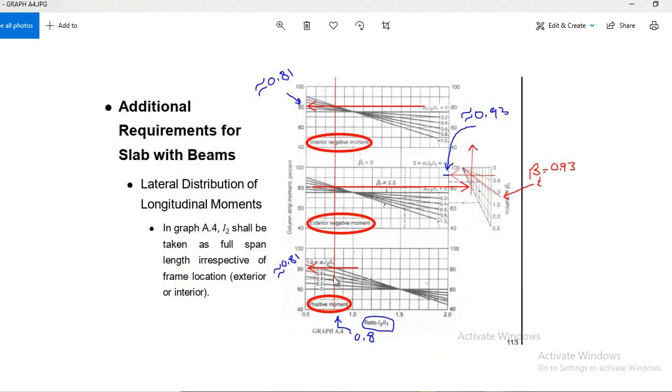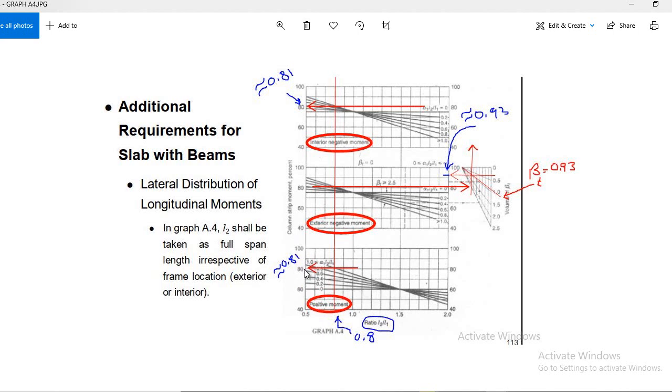Now here you see the upper inclined line. It will be used when this ratio alpha L2 by L1 is greater than 1. So we will use this line. The perpendicular line touches this inclined line at a point. We pick that point and draw a straight horizontal line, and we find the point where it touches this line.